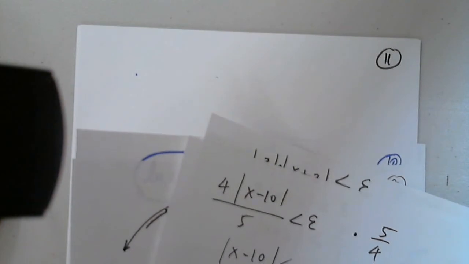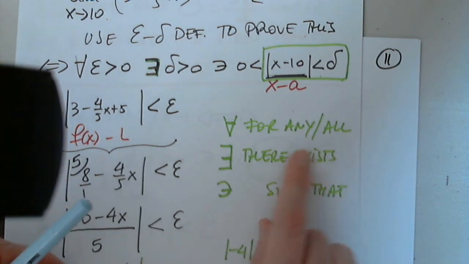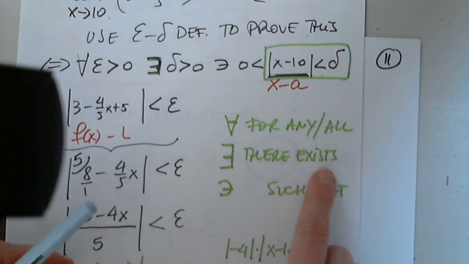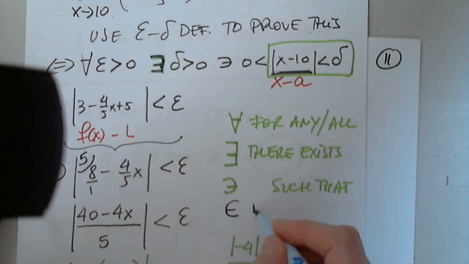Can you give the explanation of the symbols again? Yes. We had that last time also, but I wrote it here too. So for any or all, there exists, I will find, this is such that, and this is in.